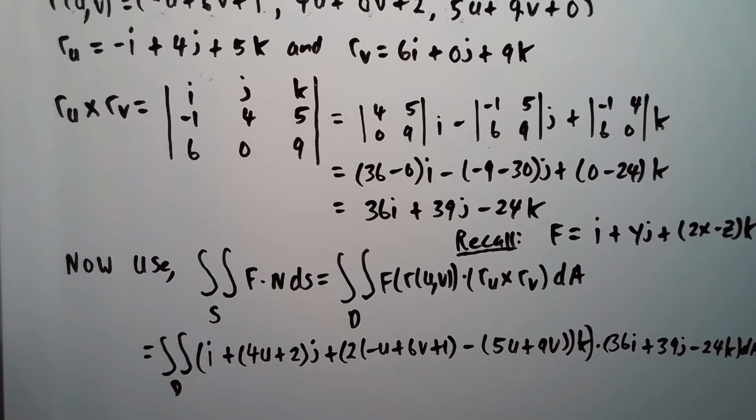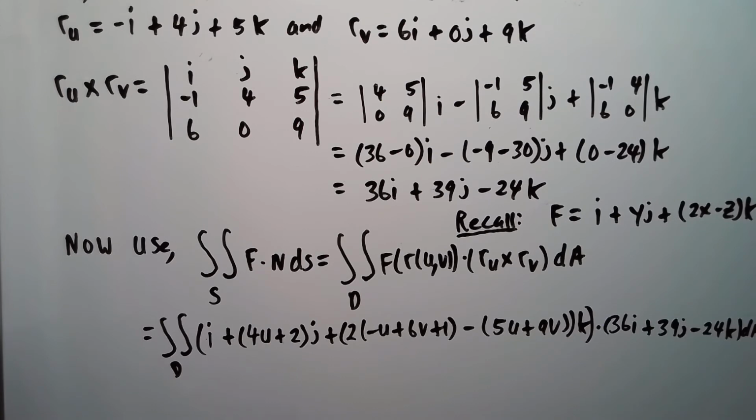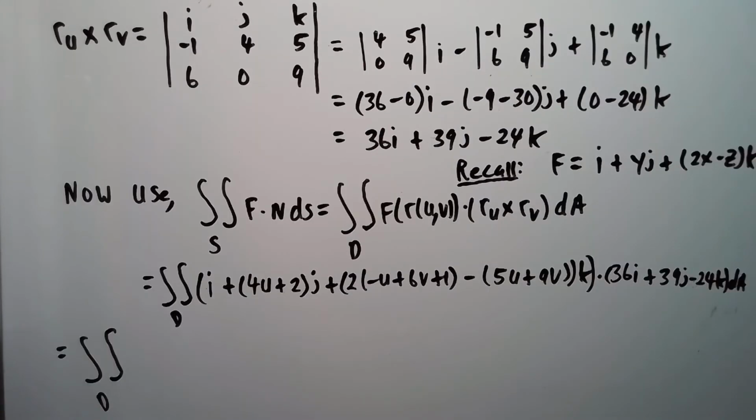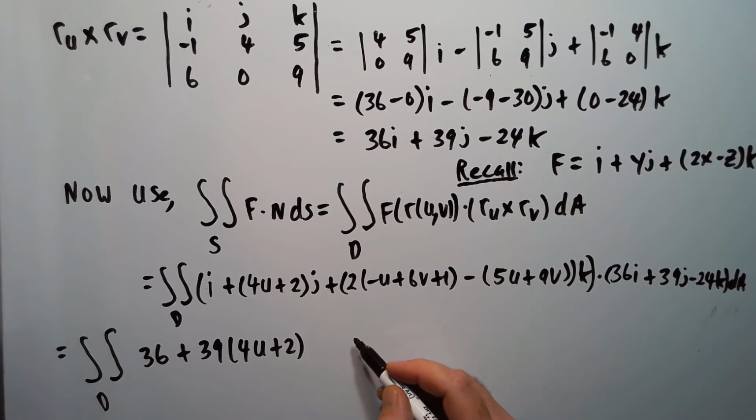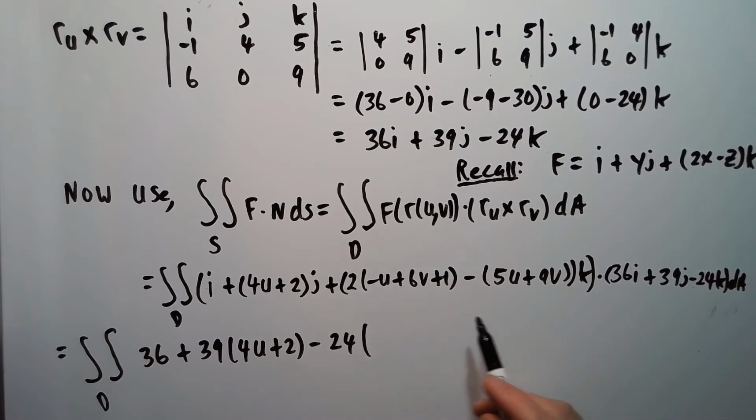Okay, so let's simplify this a bit. Doing this dot product would be 36, then 39 times this guy, then minus 24 times. Now let's simplify this inside.